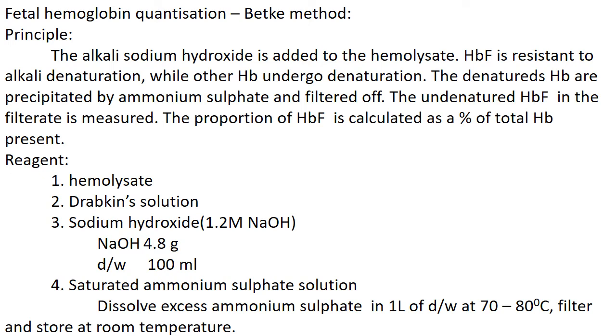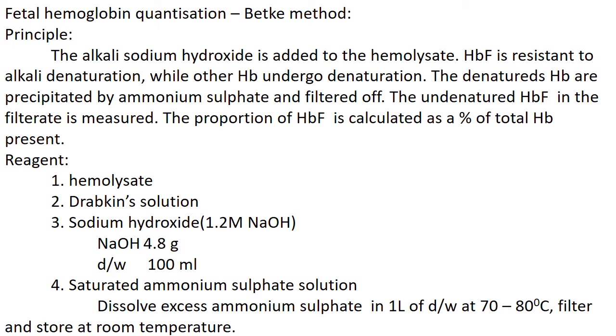Next solution required is sodium hydroxide solution. Sodium hydroxide 1.2 molar NaOH should be freshly prepared, that is 4.8 grams of NaOH and distilled water up to 100 ml. The last reagent required is saturated ammonium sulfate. Saturation means an excess of chemical must be there in the solution.